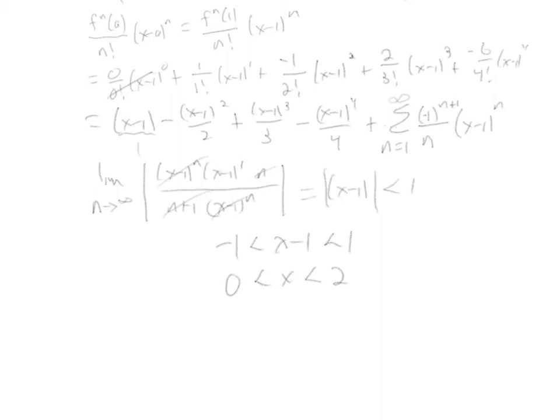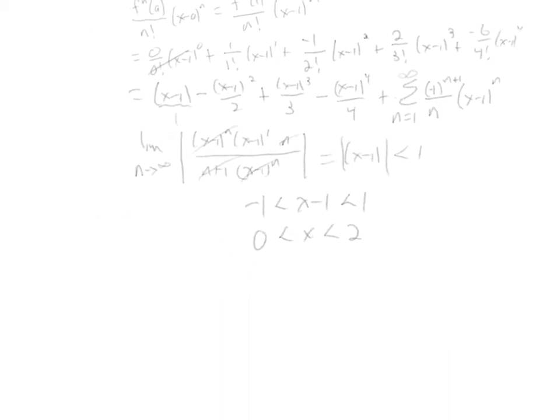I have to check the general term for endpoints convergence. So I'm going to rewrite, since I don't know how to drag, this general term down. So at x equals 0, negative 1 to the n plus 1 times negative 1, 0 minus 1 is negative 1, to the n over n.